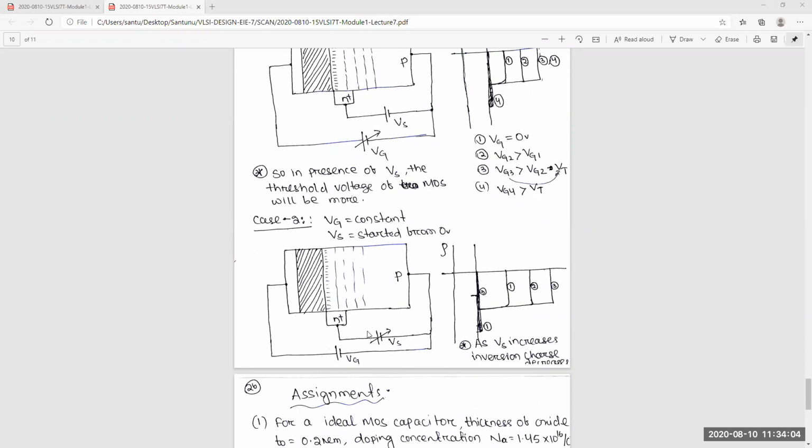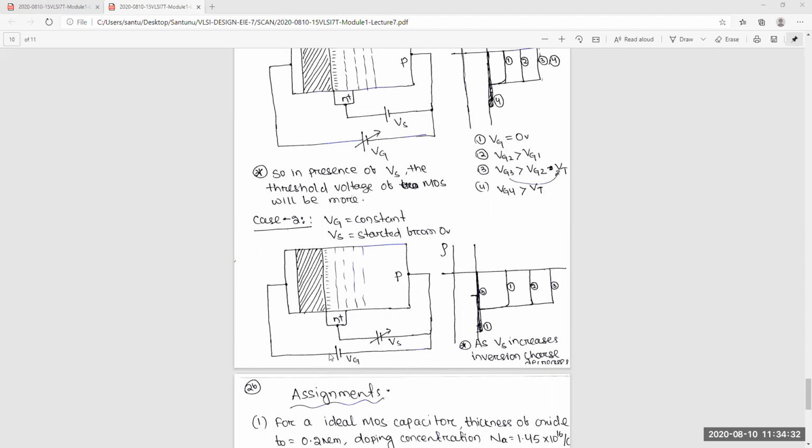That means you can relate: if you are increasing Vs, initially this was Vt, inversion charge was there at the threshold voltage. By increasing Vs, the inversion charge will finally be 0. That means no inversion charge, no threshold point. So we have to give more Vg to get back that inversion charge and threshold voltage.